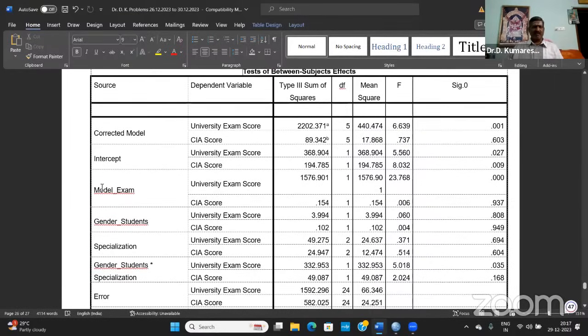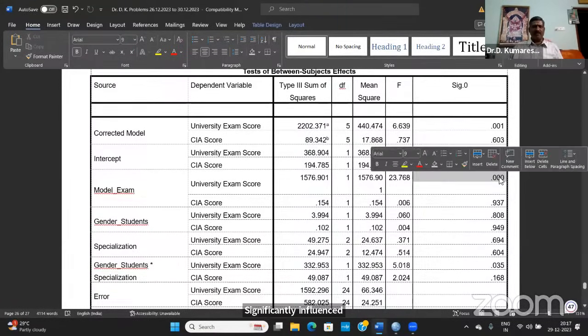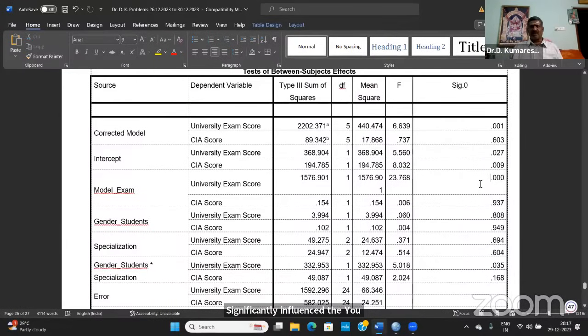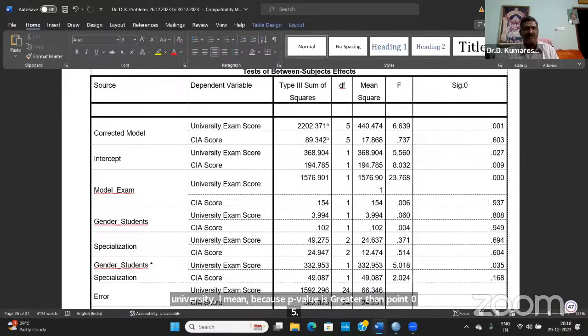Now you can see. The model exam significantly influenced the university exam score because p-value is less than 0.01. But model exam did not influence significantly the CIA score, because p-value is greater than 0.05. Gender has not influenced both the dependent variables.